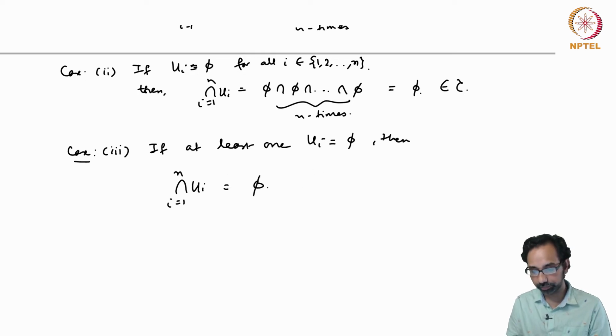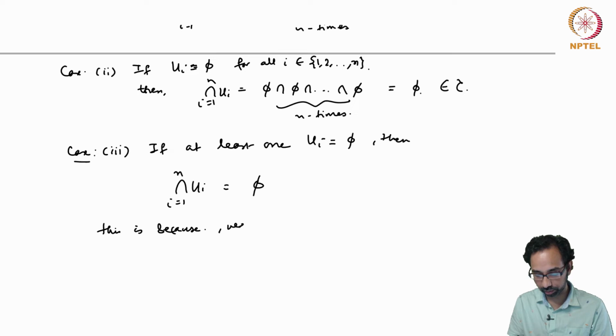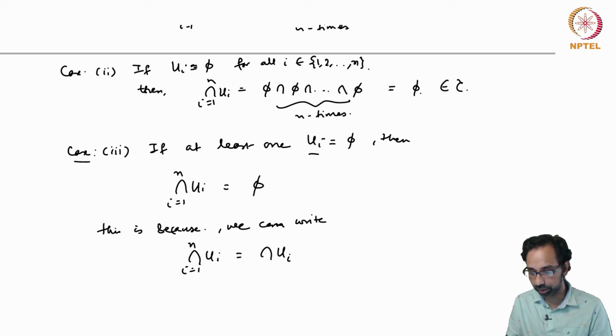Why? Because we can write the intersection of these sets ui to be the intersection of all sets which are different from this particular value of the index for which it is empty.